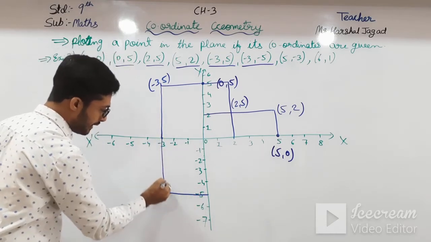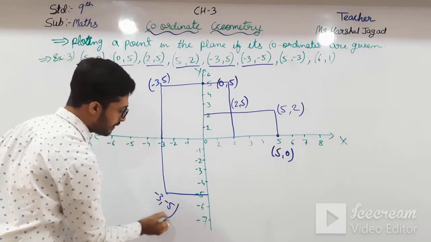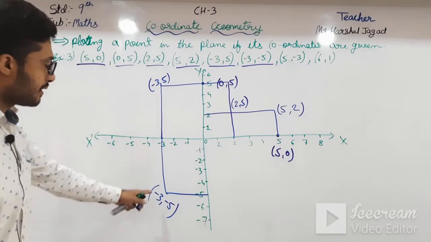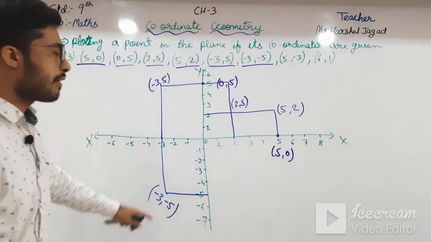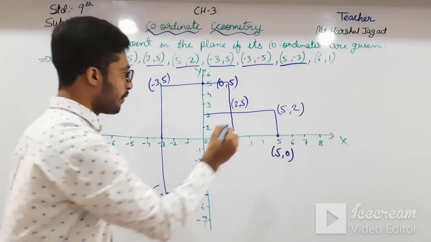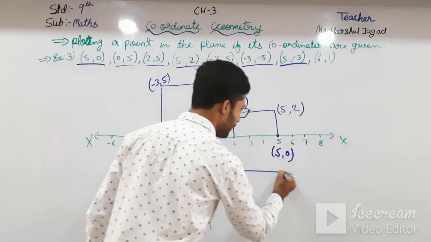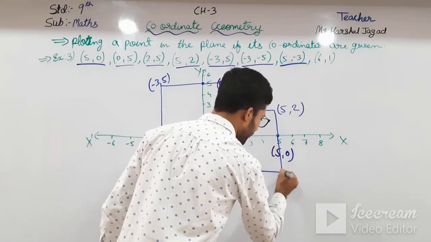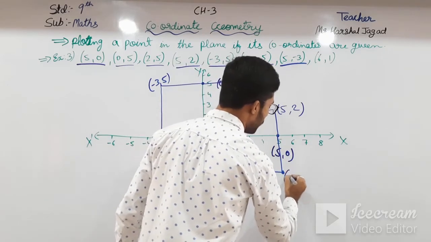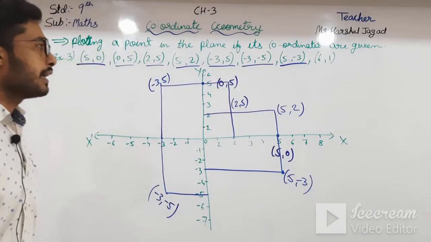So just drawing this, it will be -3, -5. Okay students, this is -3, -5. Now moving towards this, 5, -3, positive 5 and negative 3. So this will be over here. 5, -3. This point will be here.